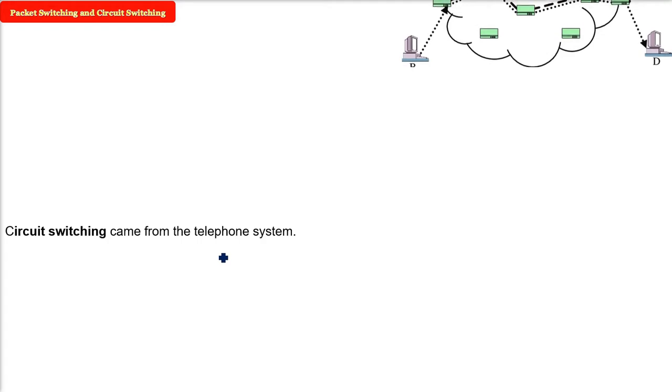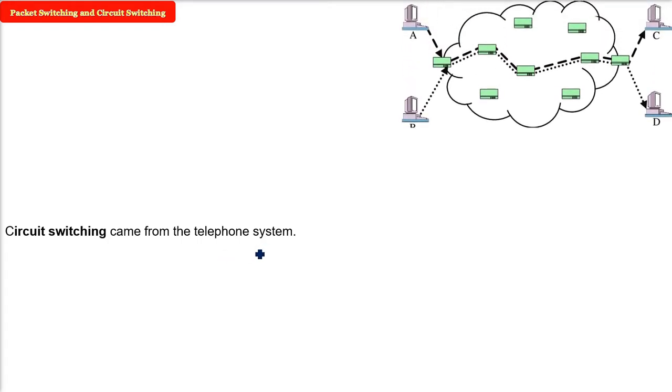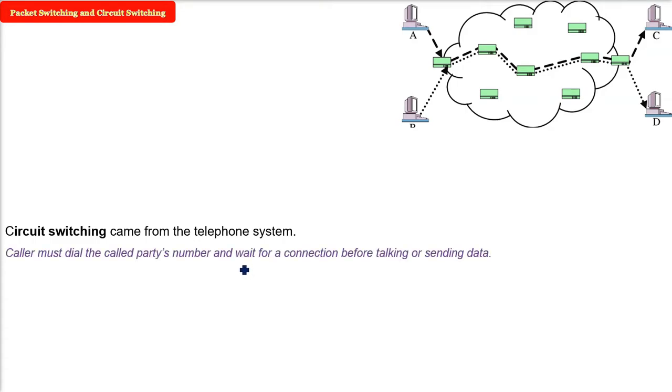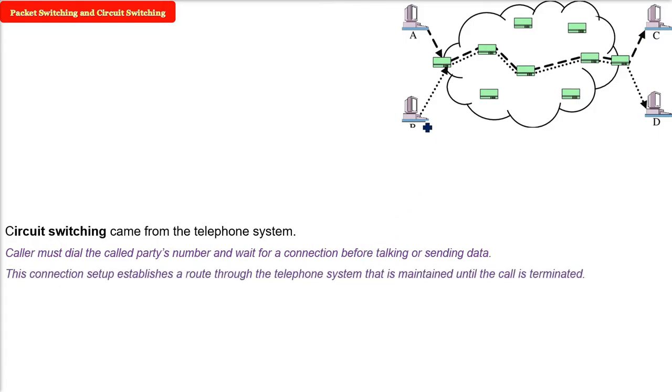Now the other counterpart is circuit switching. It has come from telephone systems. Normally in a telephone system, there are 2 parties, the caller and the callee, one calling, one attending. When you pick up the cradle, you dial the number, and the other person will hear some ring.